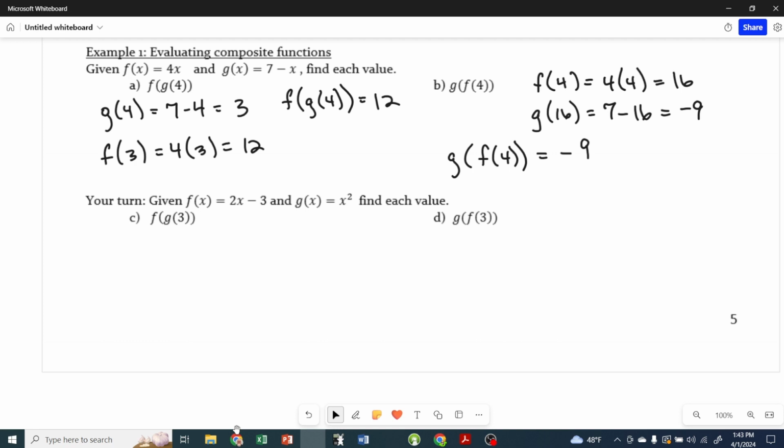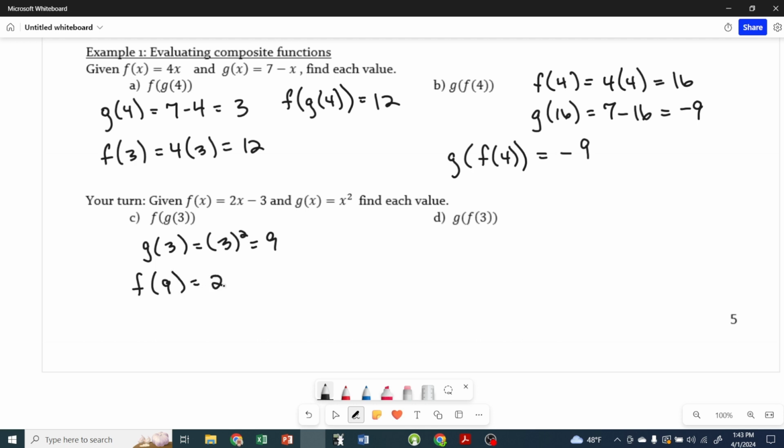All right, let's see what you got, and then let's see what I get. So we're going to solve g of 3 first. g of 3 is equal to 3 squared, which is equal to 9. So now we would plug that in, f of 9.